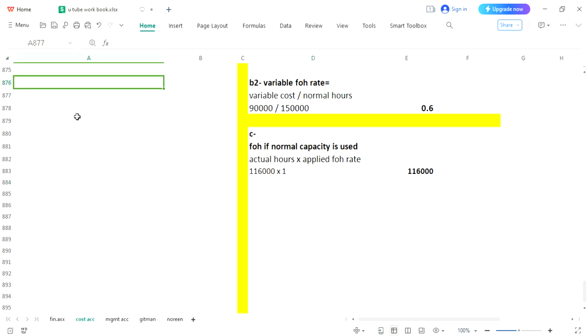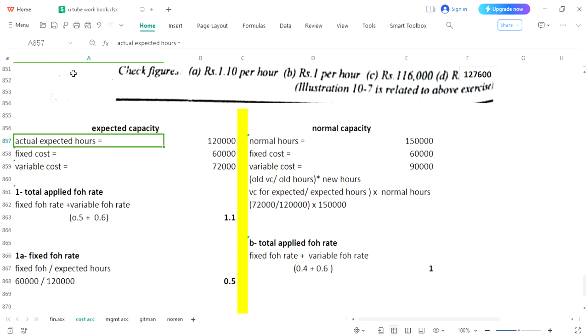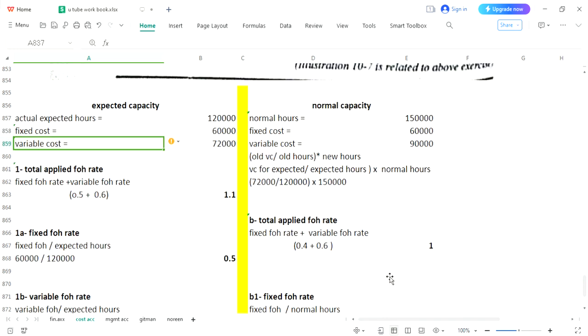To calculate the next part, the D part, we will go to the left side because everything on the left side is according to expected capacity. The D part is asking the amount of FOH charged to production if the expected actual capacity rate has been used.